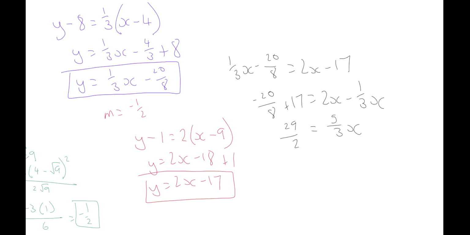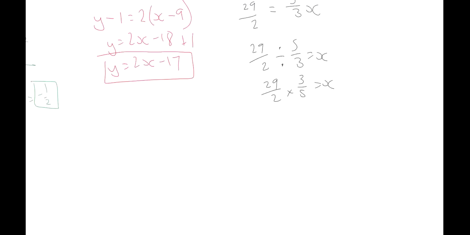All right, so then 29 over 2 divided by 5/3, which means 29 over 2 times 3/5, which is 87 over 10, or 8.7.